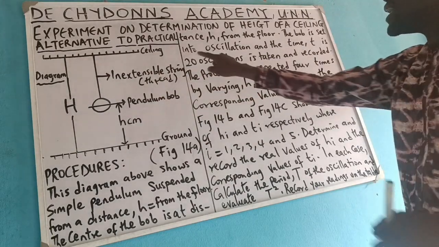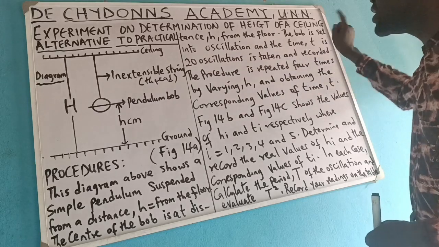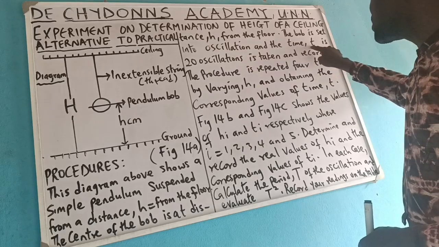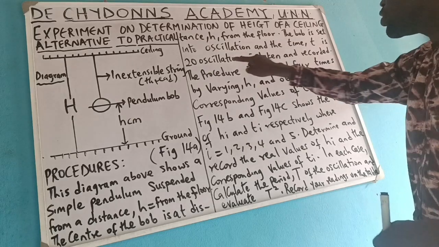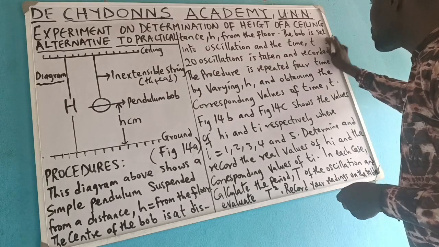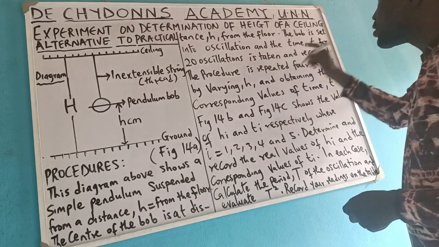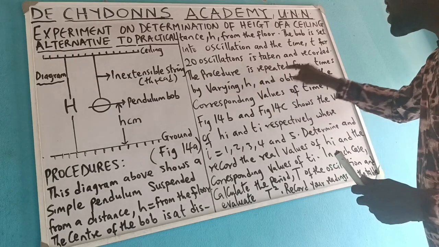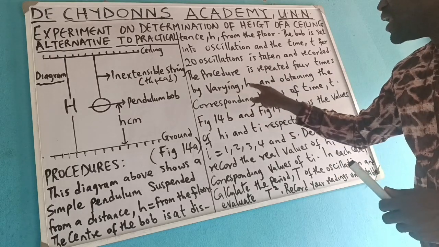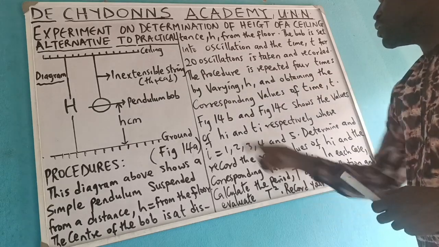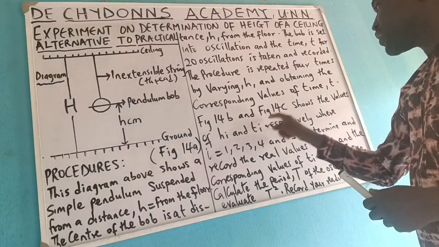The bob is set into oscillation and the time t for 20 oscillations is taken and recorded. The procedure is repeated 4 times by varying h and obtaining the corresponding values of time t. Fig 14b and Fig 14c.